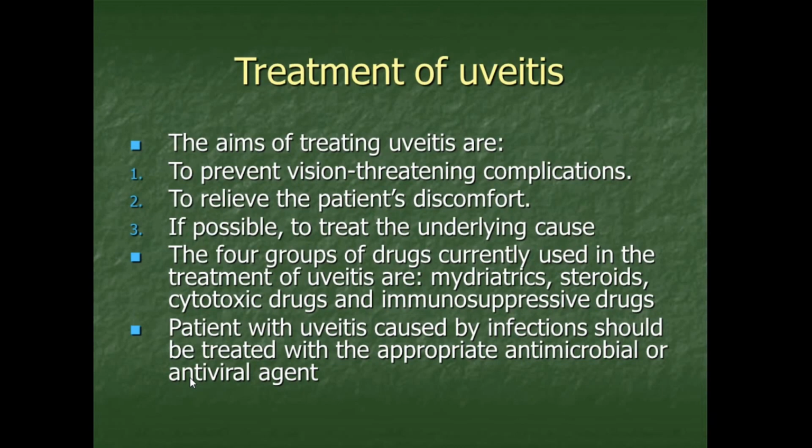The four groups of medicine usually used in uveitis treatment: mydriatics, steroids, cytotoxic drugs, and immunosuppressive drugs. And if we know the cause, we should use antimicrobial or antiviral agents.